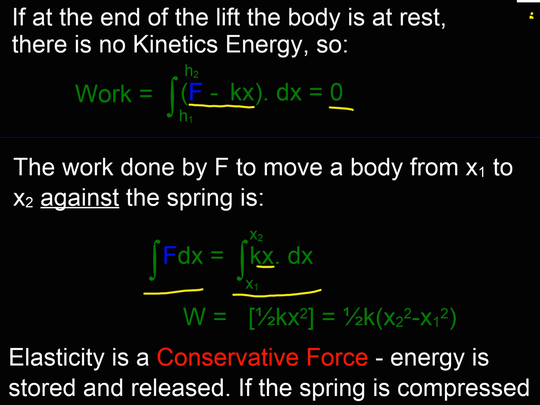If we integrate kx, we're going to get a half kx squared. And therefore the work done here is going to be a half k times (x squared of the final position minus x squared of the initial position). And again, that's showing us that elasticity is a conservative force. There's no other terms in here, it only matters what the final position is and the initial position.